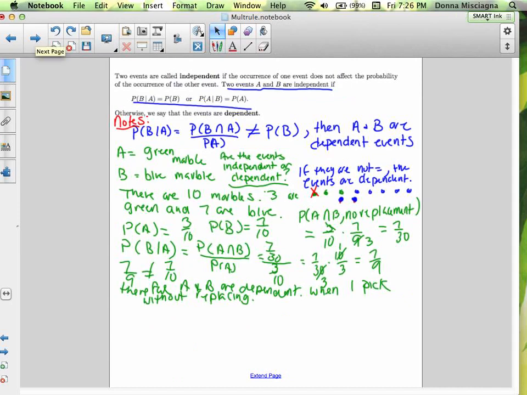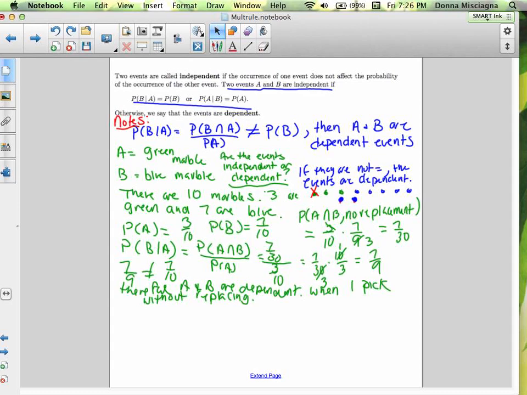If you have the probability of each of the events as well as the combined probability, you can determine using the conditional probability formula whether or not those are independent events or dependent events, even if you know very little about the two events themselves, as long as you know the probabilities.